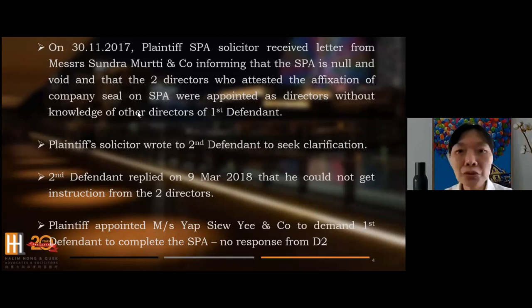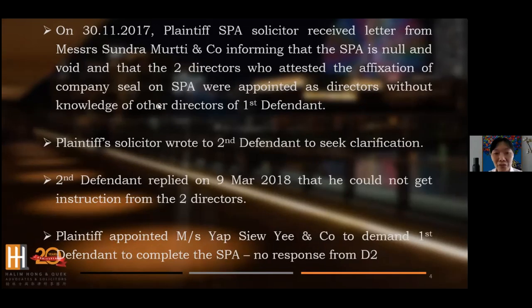The two directors who attested the common seal on that SPA were appointed as directors without the knowledge of the other directors of the first defendant.